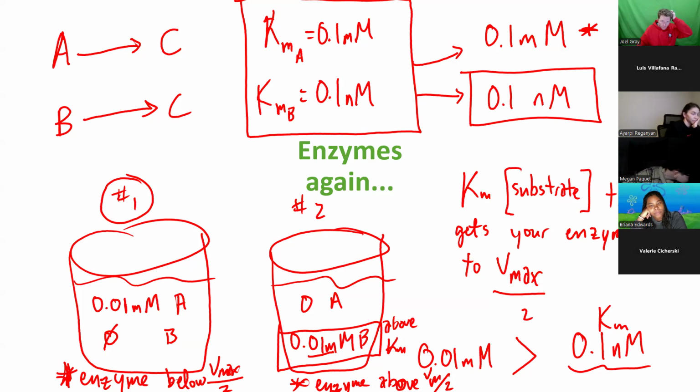Okay, so that leads us to one that's below Vmax over 2, and one that's above Vmax over 2. Now I'm going to go ahead and end the poll right there and share the results. 73% of y'all answered, yeah, one was above, one was below.